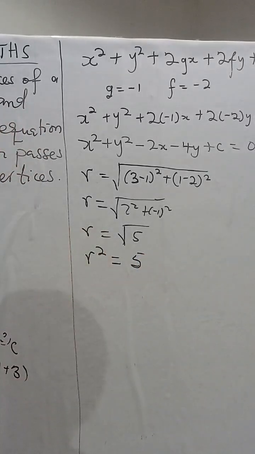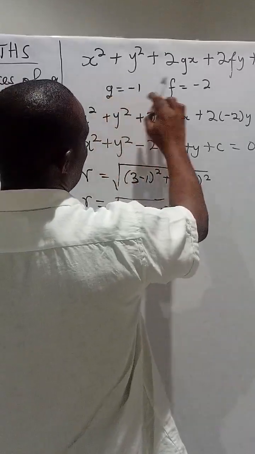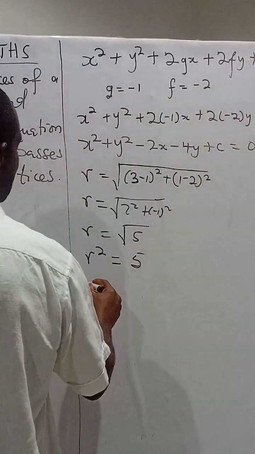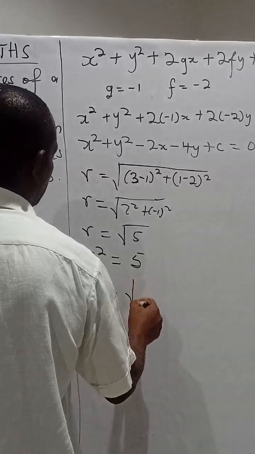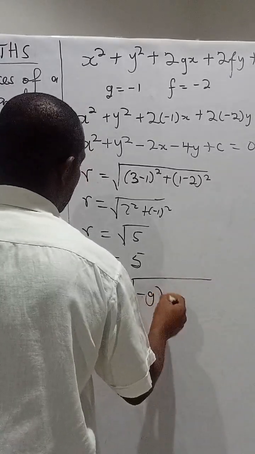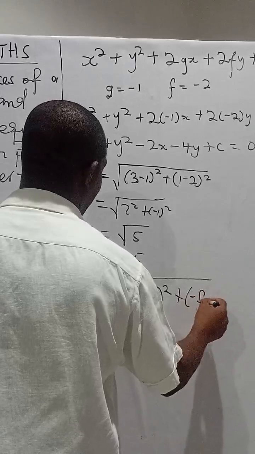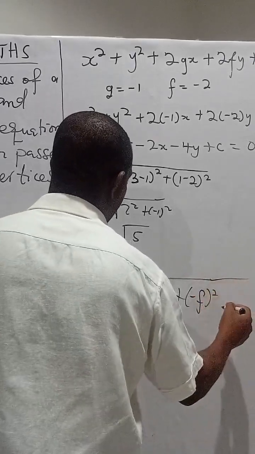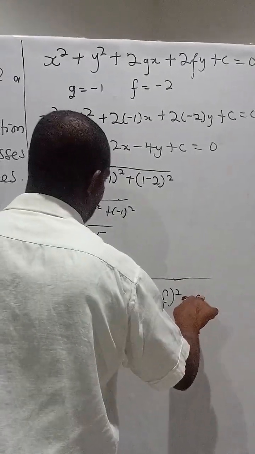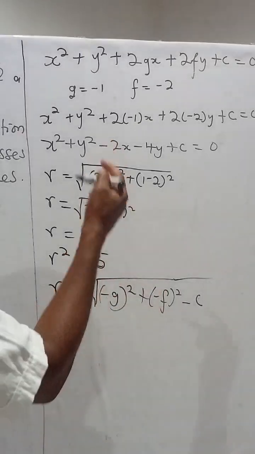Let's hold it here. Now the same radius in terms of g, f, and c can be written as R equal to the square root of (-g) squared plus (-f) squared minus c. Yes, this is true. So let us see.